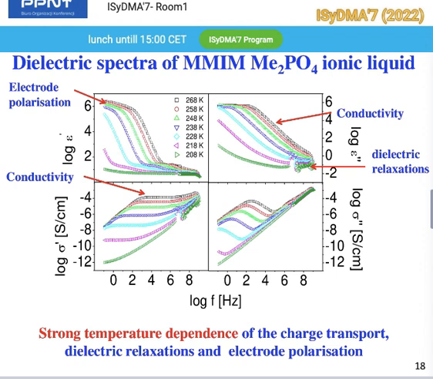But if we increase the temperature, then immediately charge transport and conductivity dominate. If we increase the temperature further, then we observe on the low frequency side the dominance of electrode polarization. If you transfer the identical data into conductivity, then you observe such a dependence as indicated here with the plateau.